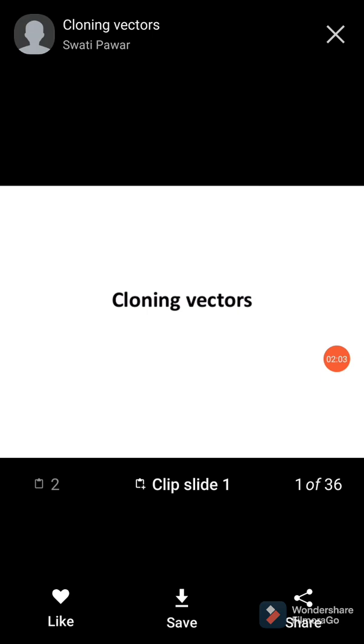So when two DNAs recombine, this whole process is termed recombinant DNA technology, and this DNA molecule, that is the vector with the insert, is termed the recombinant DNA.